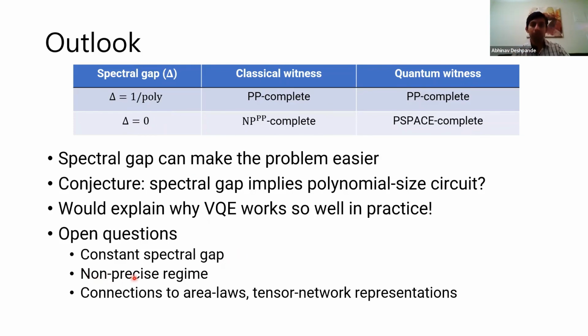The non-precise regime, or in other words, the regular case of inverse polynomial additive error as opposed to inverse exponential additive error, is obviously a really important case. And there might be nice connections to ALRs and tensor network representations in physics.